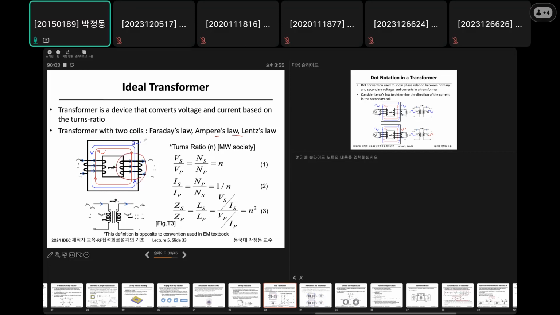So the linkage is, let's say this is the second coil, then this is like this line. So which is flux 1, 2, okay?